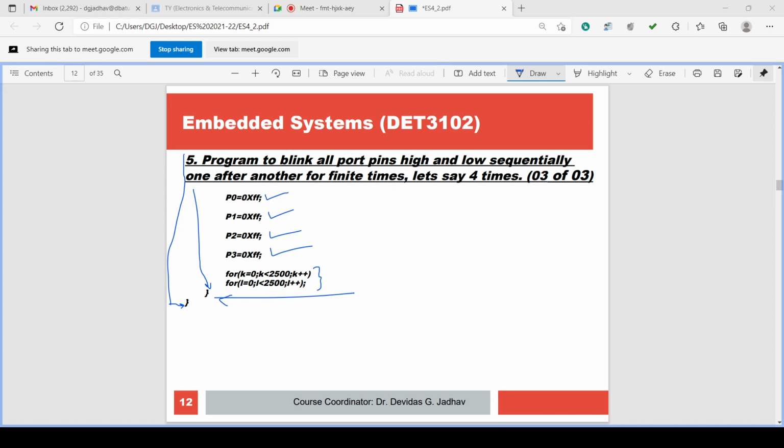Actually there are 4 ports only for 8051 or 89C51. Those 4 ports are P0, P1, P2, P3, and all 4 ports are used for outputting, but they are outputted sequentially.